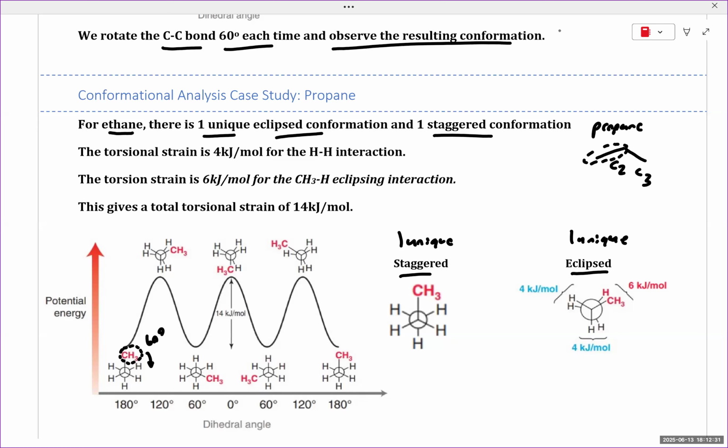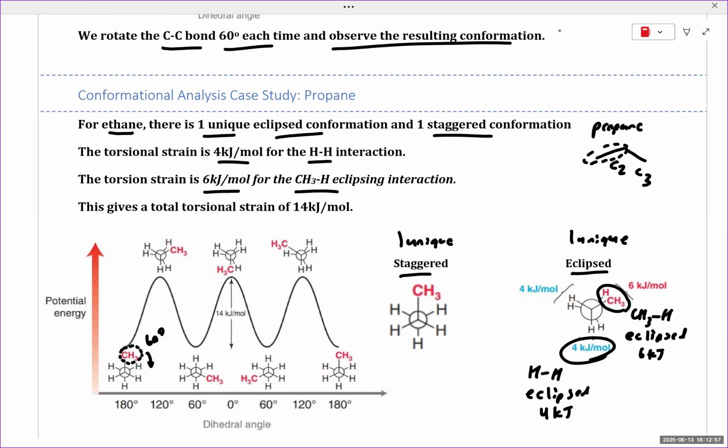In terms of torsional strain, the torsional strain is 4 kilojoules per mole for the hydrogen-hydrogen interaction and 6 kilojoules per mole for the methyl-hydrogen interaction.